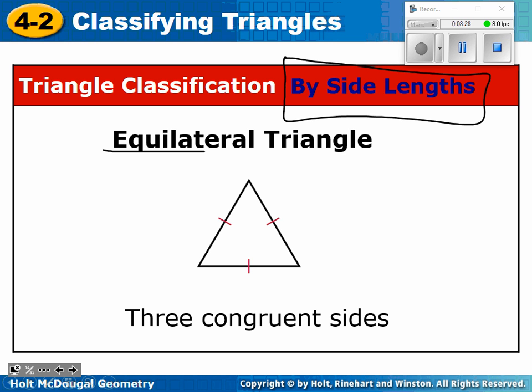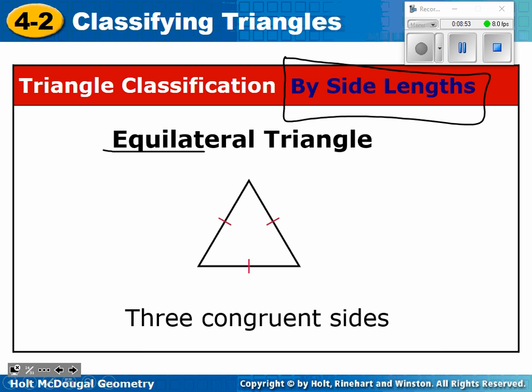So here's where it can get you. Always, sometimes, or never question. An equilateral triangle is always, sometimes, or never isosceles. Always. Let's flip it. An isosceles triangle is always, sometimes, or never equilateral. Sometimes. If it's isosceles, it's going to have at least two congruent sides. Could it have three congruent sides?